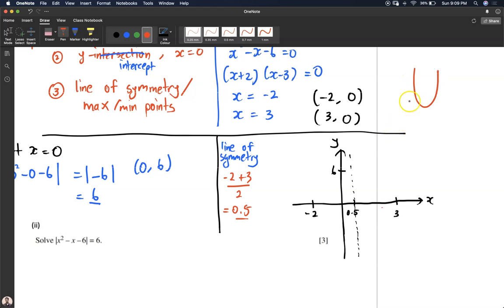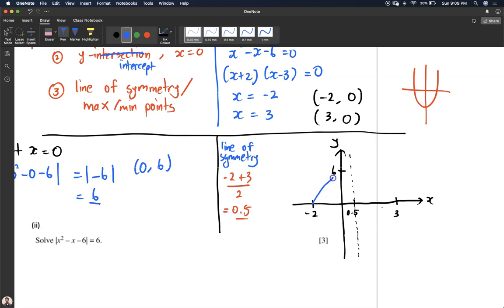But because this is a modulus graph, it will be reflected to the top. So when I draw this graph, it should look something like this.